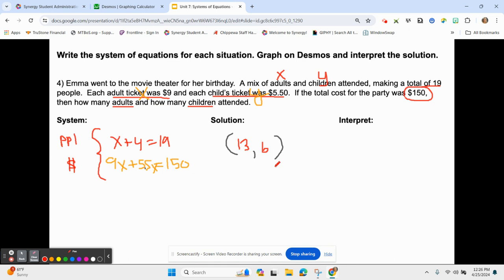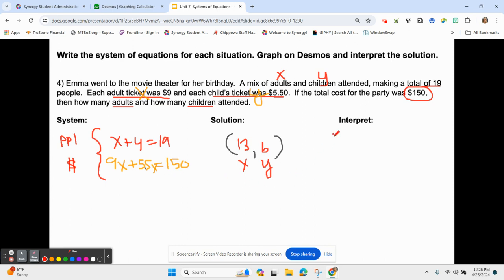Now, what does that mean? So remember, 13 x, 6 y. So if I go back and look over here, the x stands for the number of adults, and the y stands for the number of children. And so that tells me, is it a total of 19 people together? Yep. And so $150, so 13 times 9 plus 6 times 5.50 also has to equal $150.